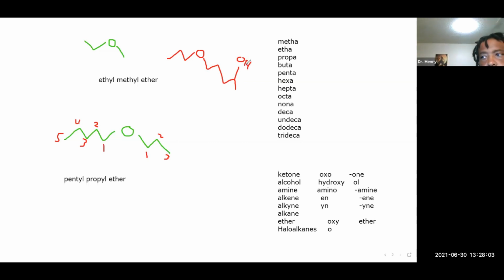So in this case, because they're going to kind of be disruptive, this guy would be 1, 2, 3. So a 3 carbon chain. Propyl. Okay, so it'll be propyl.